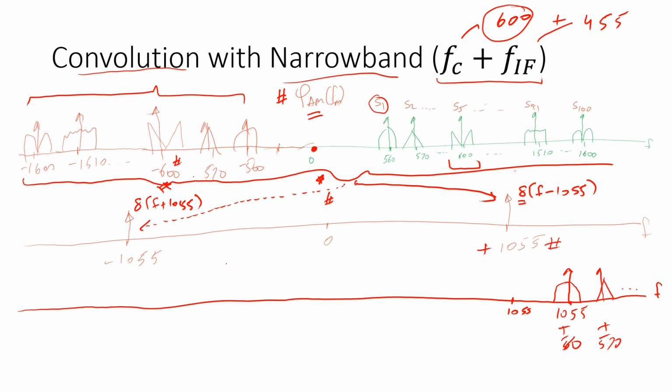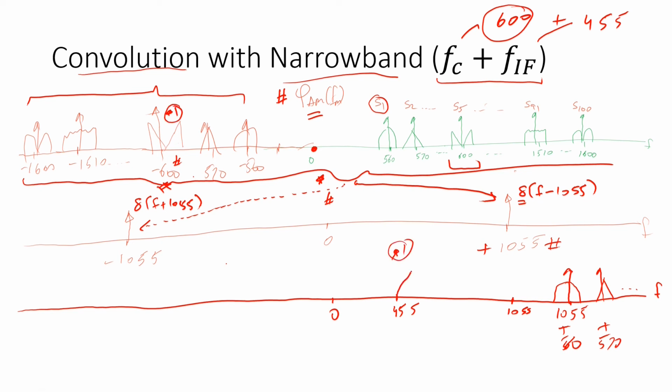So 1055 minus 600 is basically 455, right? So if this is our 0, so at 455 we would have this station S1 appearing over here.